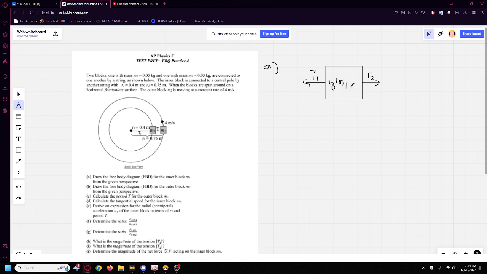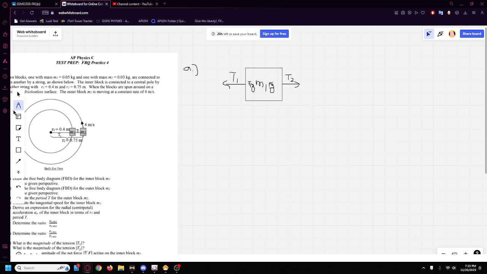And then the square is Fg, and it will be pointing down to the surface, and Fn will be pointing away from it. So that's part A.